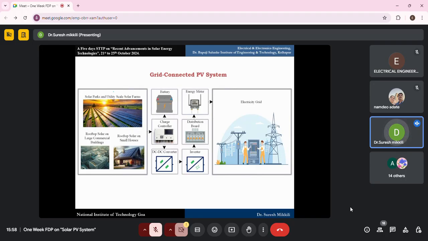In a grid connected PV system, we will generate the power with the help of big solar parks. That power should be controlled not by the charge controller but by the power flow controller. After that, it will be given to the DC-DC converter, then to the inverter, which will be connected to the grid.